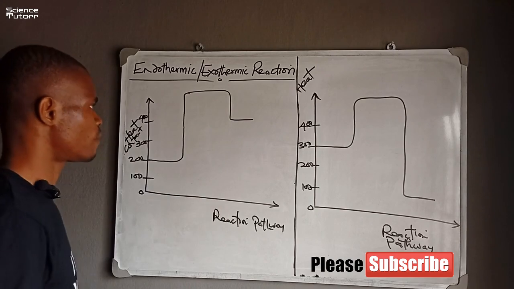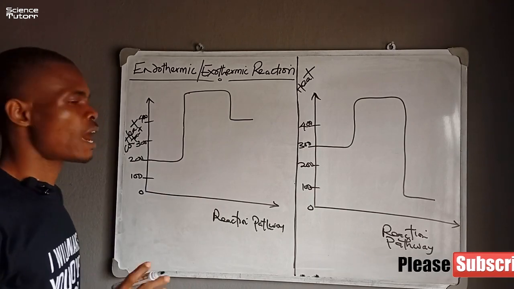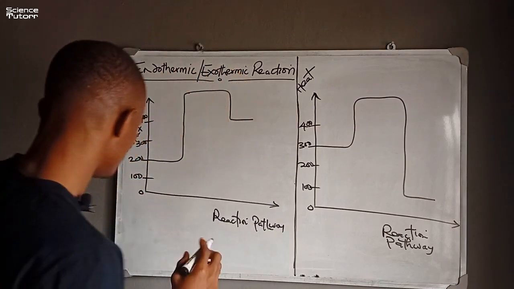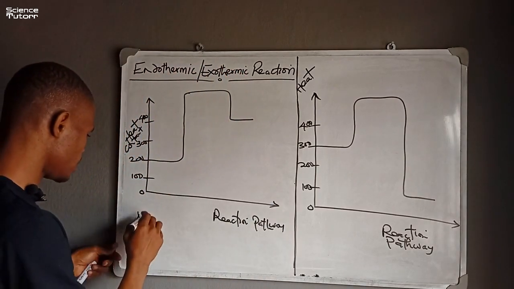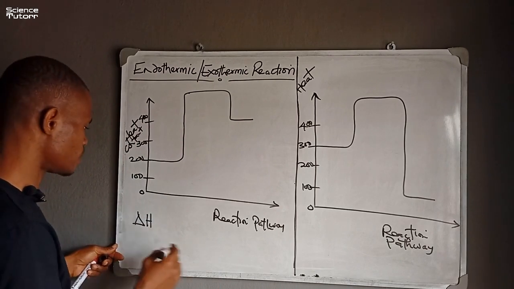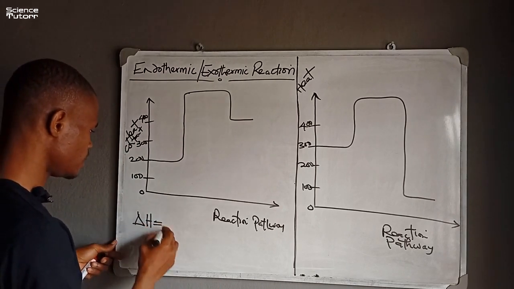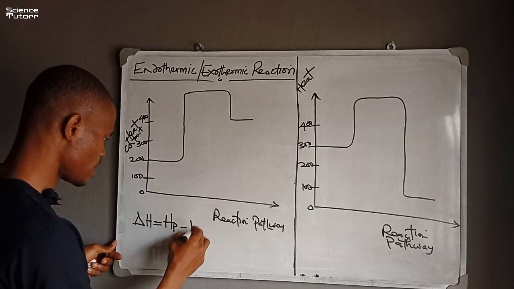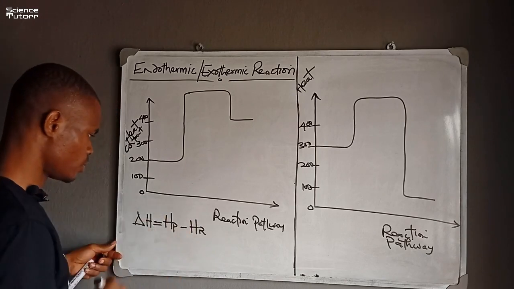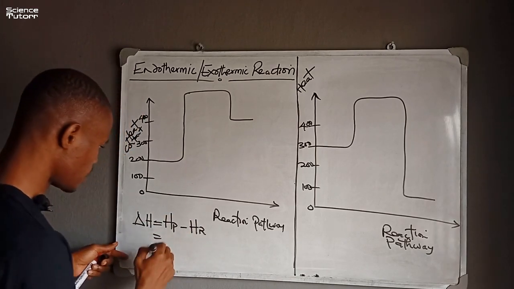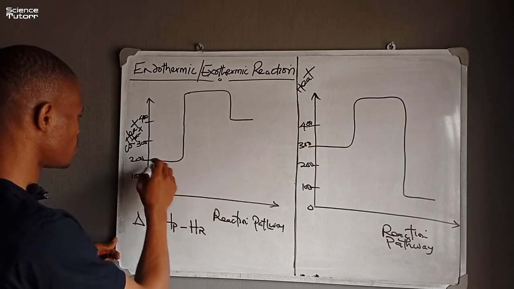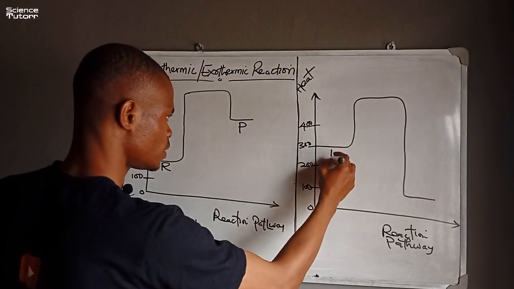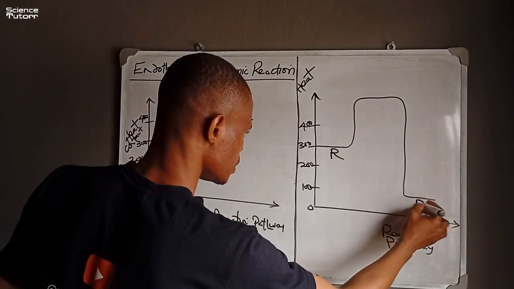Now, in the first case, how can we identify both types of reactions? First, I'm going to calculate the enthalpy, which is the heat content. The change in heat content is HP minus HR. That is to say, the heat content of the product minus the heat content of the reactant.